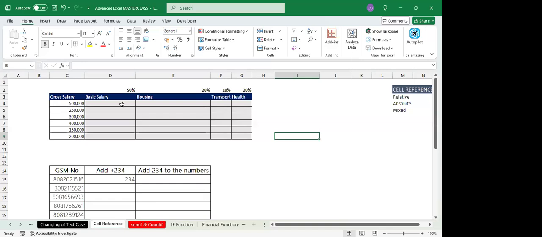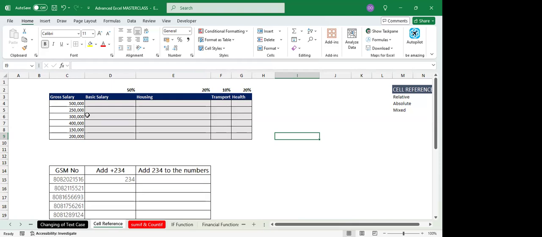And usually in every organization, when a salary is proposed to a new employee, the salary would always have a breakdown, right? So you would have the total amount that you are entitled to collect.